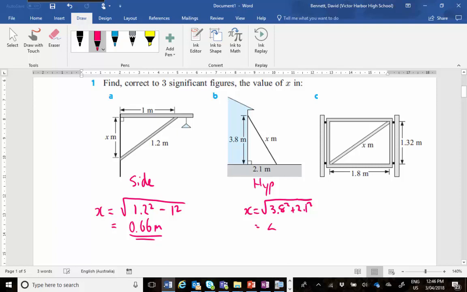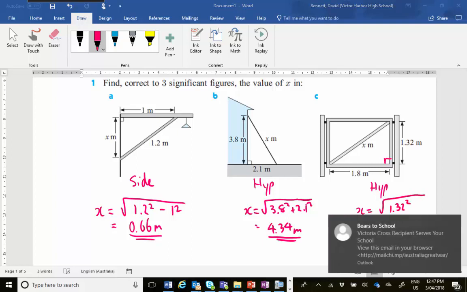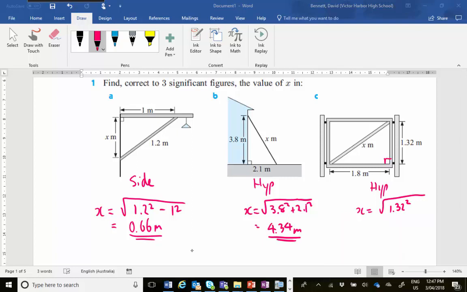Again, in the next scenario we have to find x, which is the hypotenuse. There's the right angle, so therefore we're finding our hypotenuse. And again, x is equal to the square root of the other two sides squared, plus 1.8 squared.